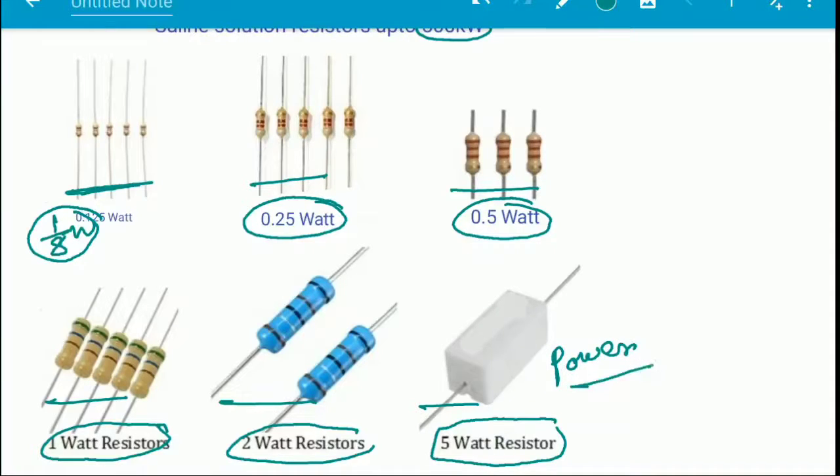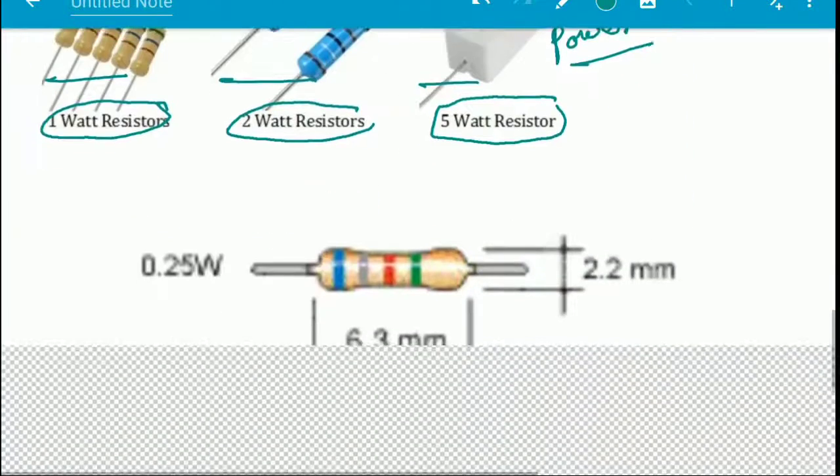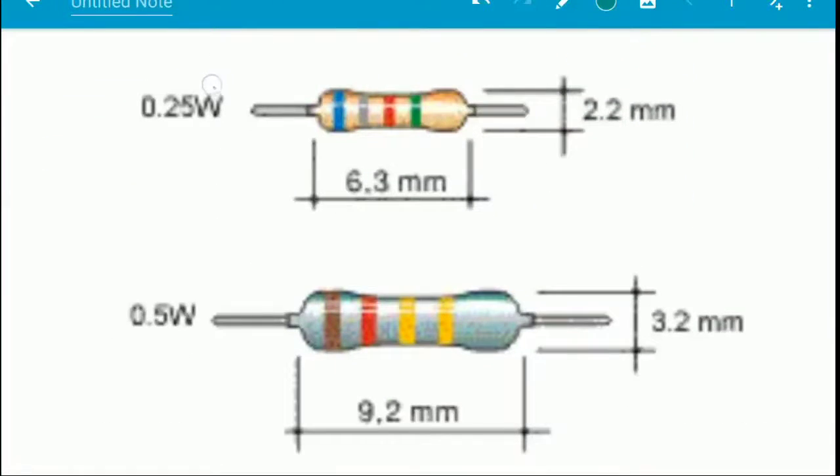In case of resistances having wattage rating less than 2 watt, there is no rating written on the resistance, and we have to choose the resistance by its size. Suppose this is a quarter watt resistance, it has a size like this, 2 mm in diameter and 6.3 mm in axial length.